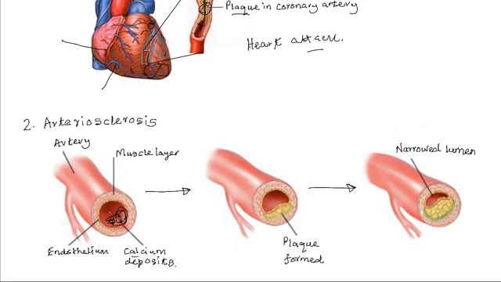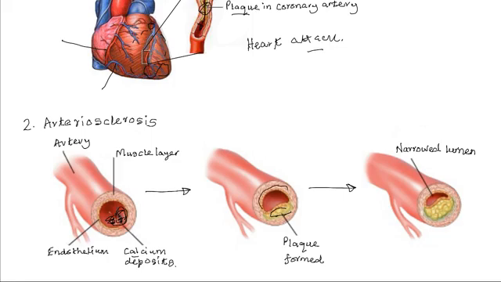Now, the most common type of arteriosclerosis is characterized by excessive growth of fibrous connective tissue in the wall of the arteries. So as more and more materials are deposited, there's growth of connective tissue that is not as elastic. Now, this will cause the hardening of the wall.